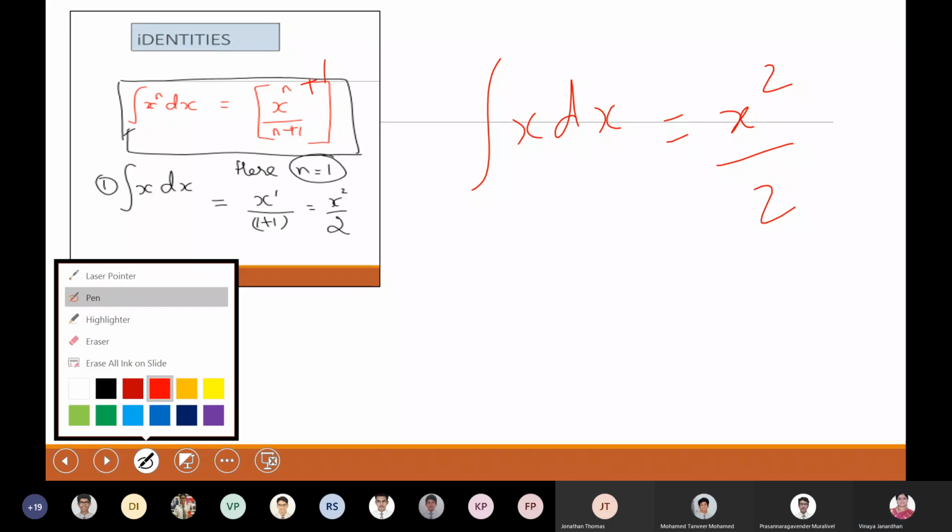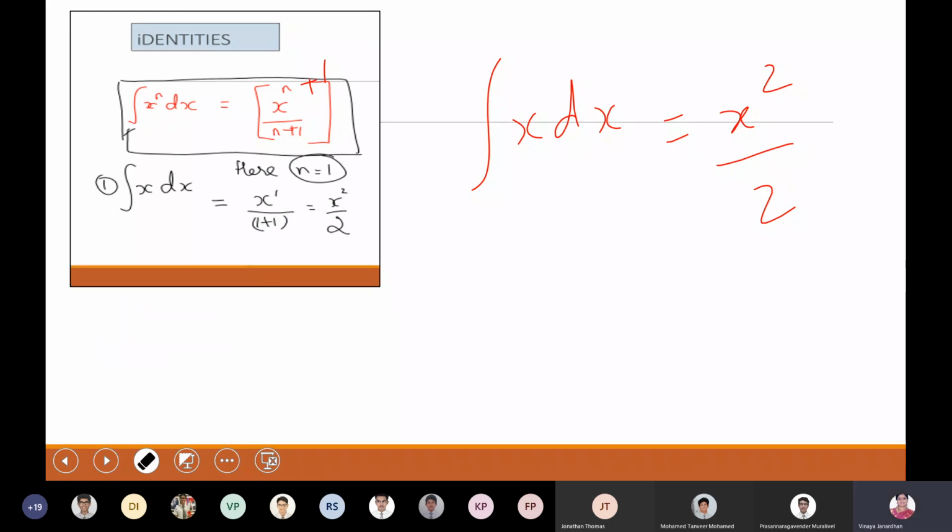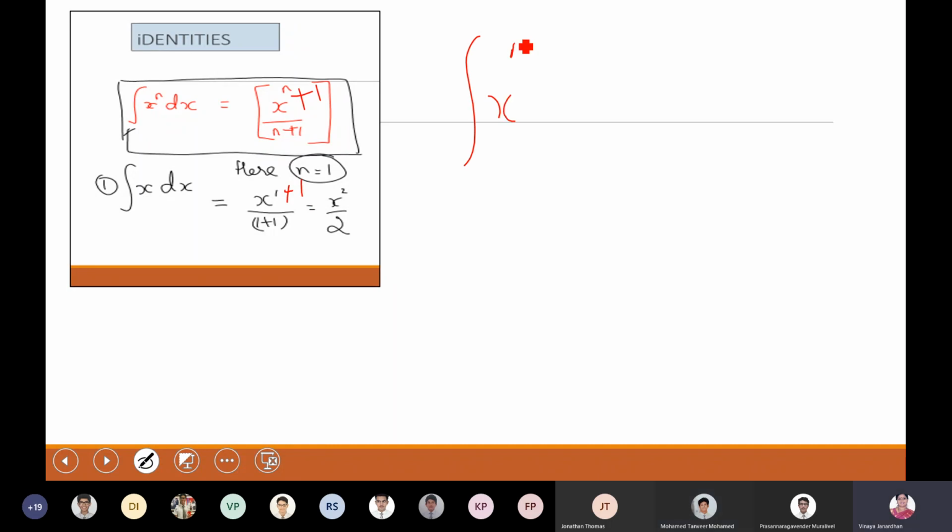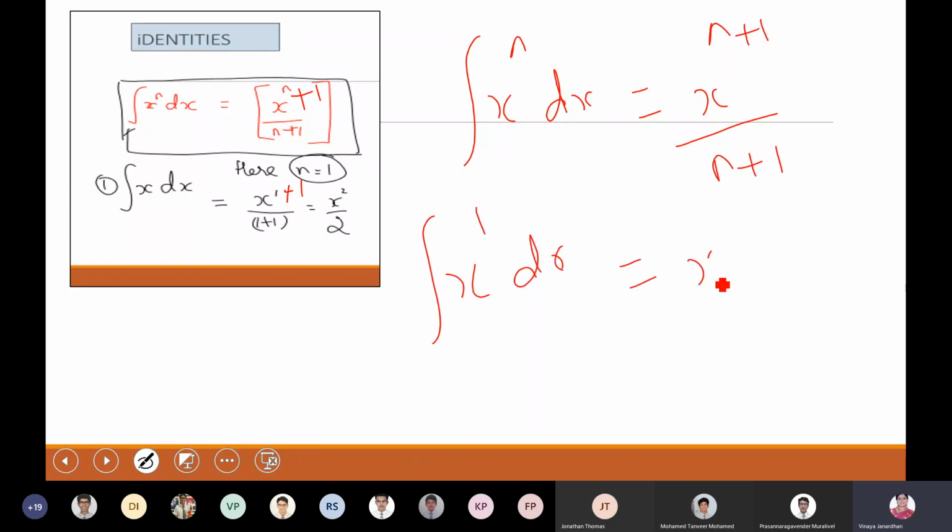Sorry, I made a mistake. Just copy down. So integral x to the power of n dx will be equal to x to the power of n plus 1 by n plus 1. So integral x to the power of 1 dx will be equal to x to the power of 1 plus 1 by 1 plus 1, which is x squared by 2.